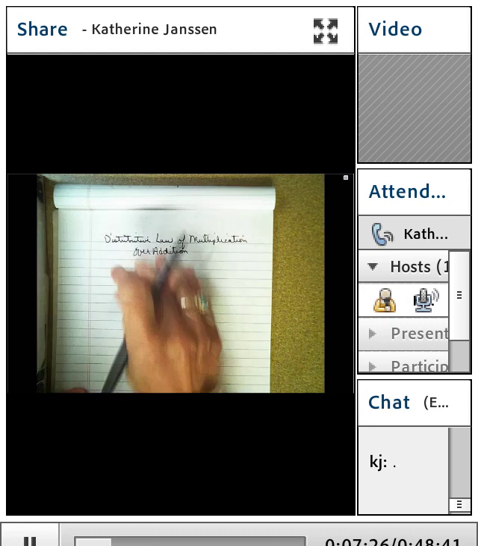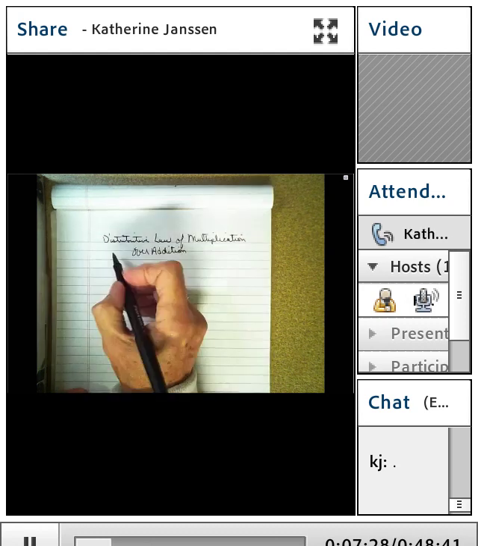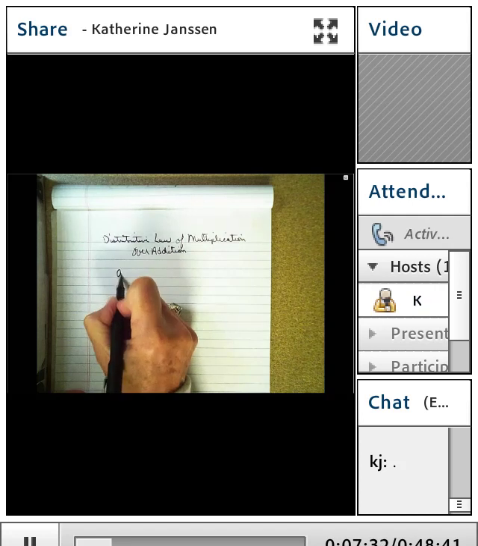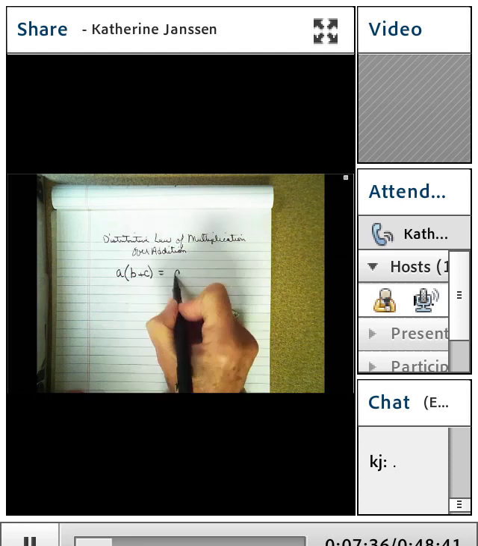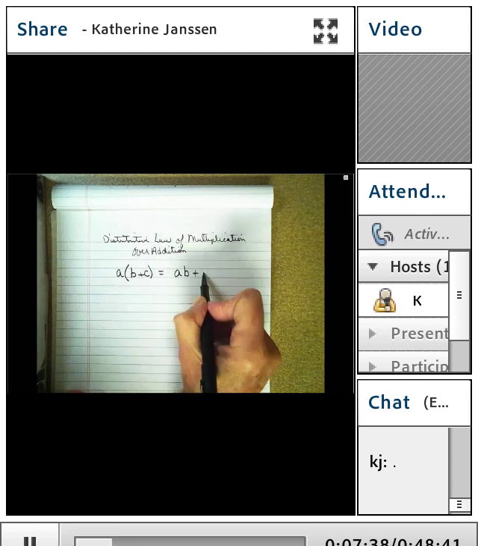Distributive law of multiplication over addition, which is for any real numbers A, B, and C, A times the quantity B plus C is equal to AB plus AC.